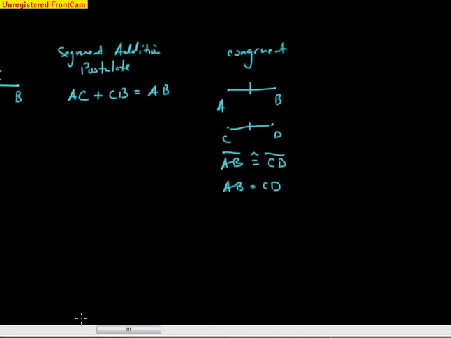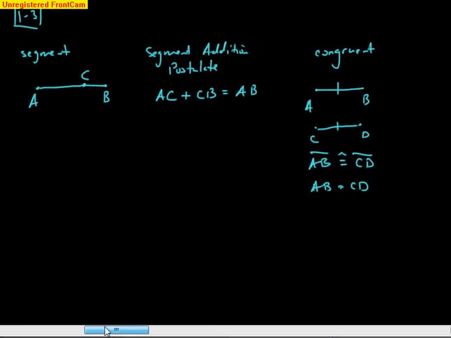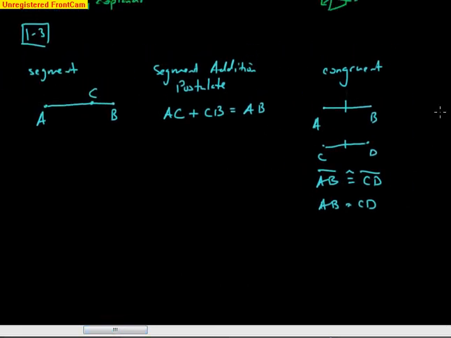Now, with this idea of congruence, we're going to bring up the word midpoint. So if I have a segment, say AB, and I have a point right smack dab in the middle, call it M. M is the midpoint. What M does is it bisects the segment.